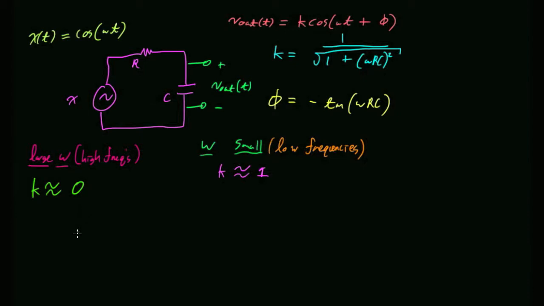Okay, let's do the phase angles while we're at it. If omega is really small, what's my phase angle going to be? What's inverse tangent of almost 0? Does everybody remember how our tangents work? I need some scratch paper.